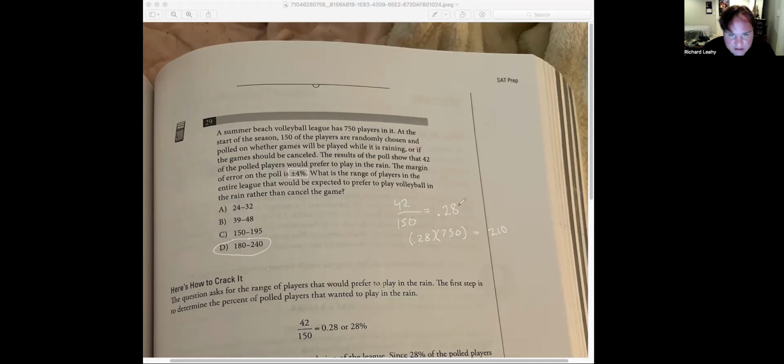So this 28 right here becomes 24, and if we add, it becomes 32. Now, of course, when multiplying, we're talking about percentages. So it's 0.24 and 0.32 of the 750. So we have this and this guy.